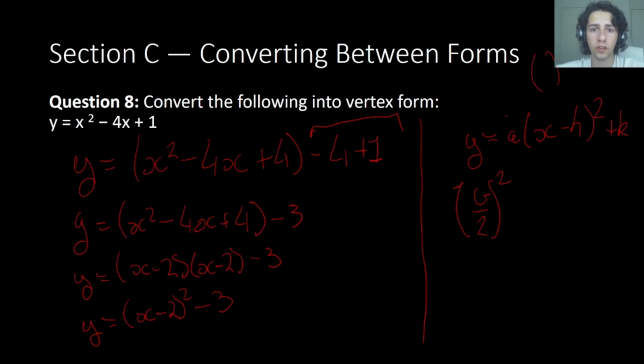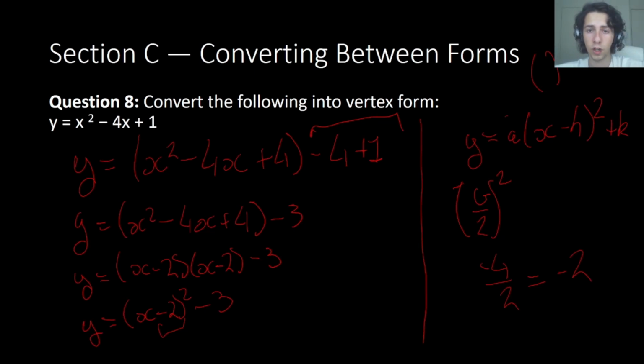In our case it was negative 4 divided by 2, which is equal to negative 2. That number is going to be equal to whatever number we have here, minus 2.